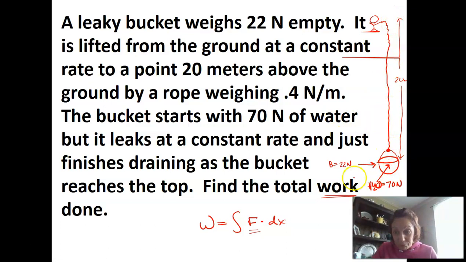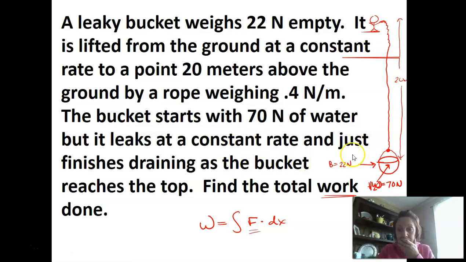So, as you can see here, I've got three things going on. I've got a bucket, I've got water in the bucket, and don't forget I have this rope, and they gave us how much the rope weighs per meter. Now, why would that be? Let's think about this. The force that's happening here has to be counteracting the weight of that bucket, right?